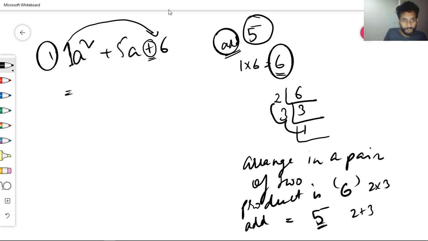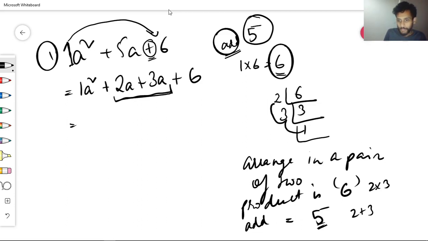So here a square, then plus 2a plus 3a plus 6. What I did here, the numbers which I got, I wrote in the same way.